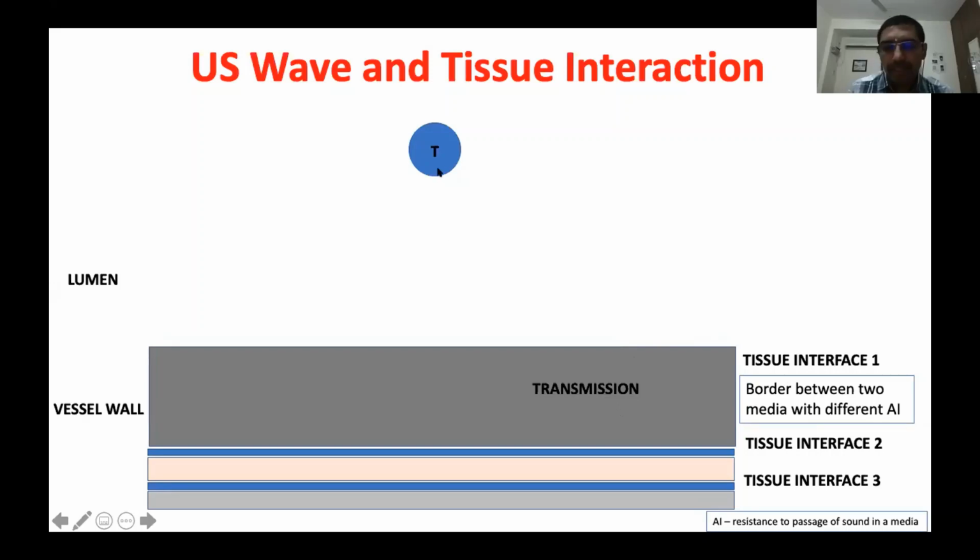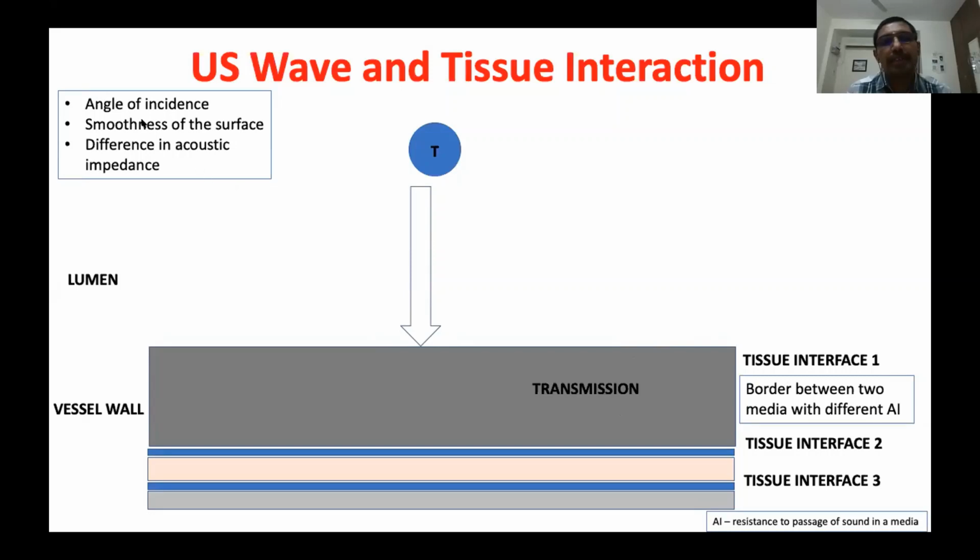So when this ultrasound wave interacts with the tissue, what happens further? That is described by three important features. One is the angle of incidence of the ultrasound wave with the tissue interface, whether it is perpendicular or less than perpendicular. The second is the smoothness of the surface, whether the interacting surface is smooth and regular or irregular.